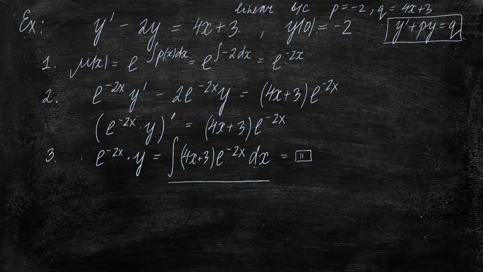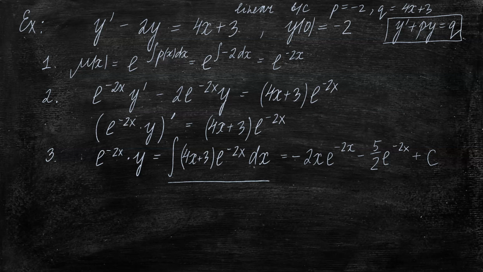We can take that integral and plug it in right over here. So this integral is equal to negative 2x e to the power negative 2x minus 5/2 e to the negative 2x plus c.